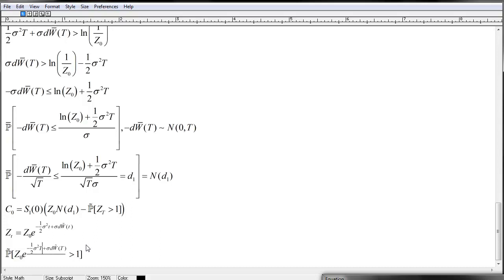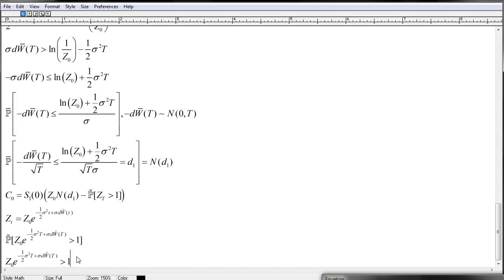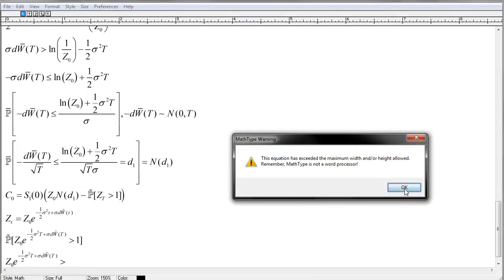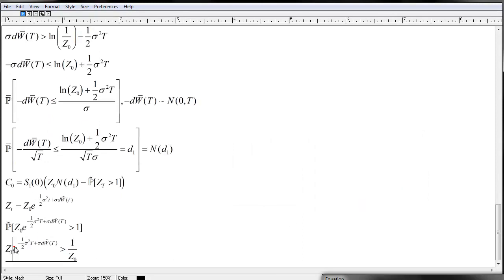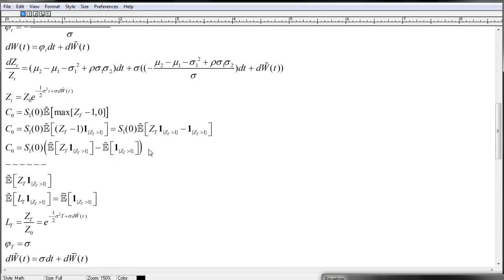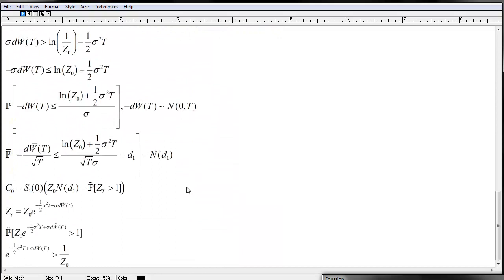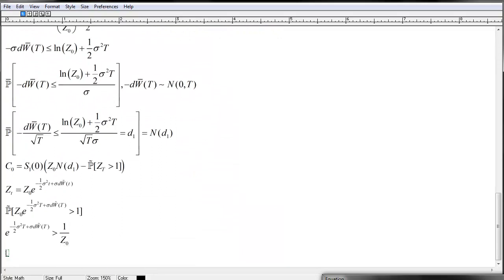In a similar fashion, we can divide 1 by it and take the logarithm, which means that on the right hand side we have the logarithm.